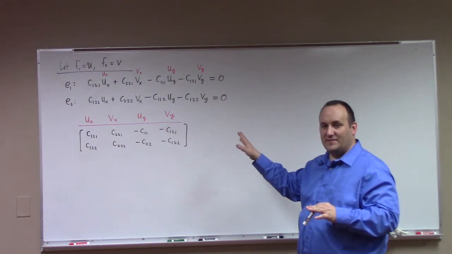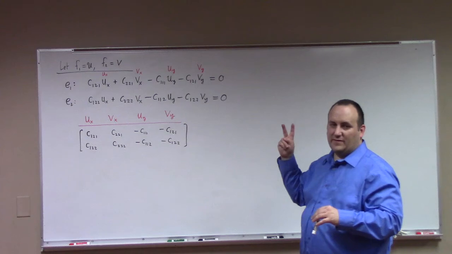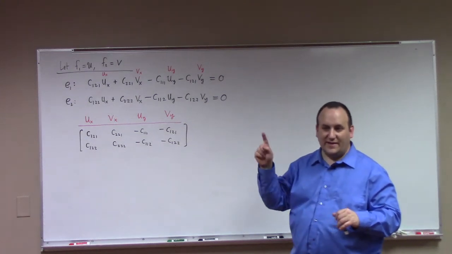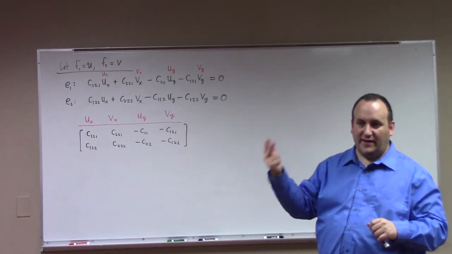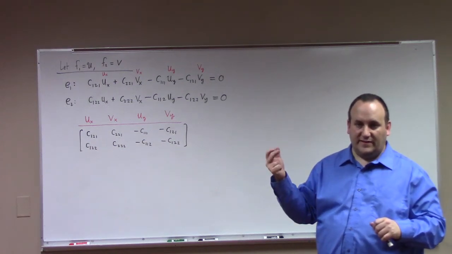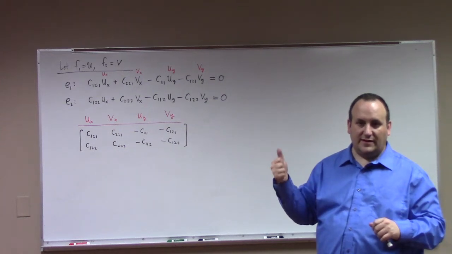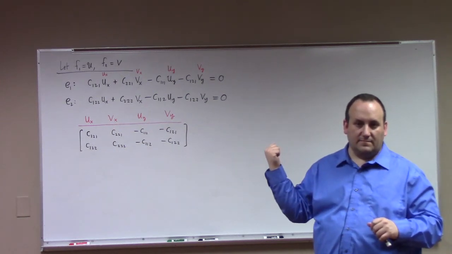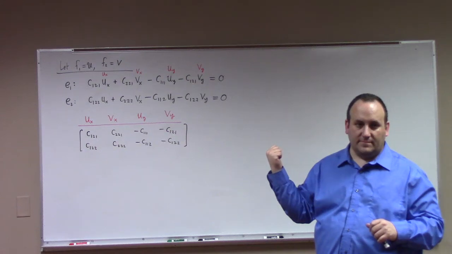You notice that a two-dimensional algebra has C_ijk: i has 2 values, j has 2 values, k has 2 values. That should be how many structure constants? 8. And yet how many do we have written there? 6.